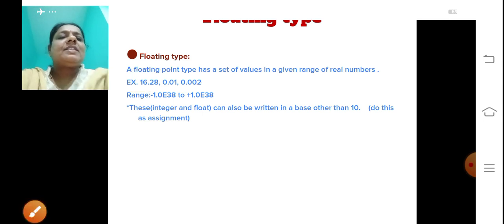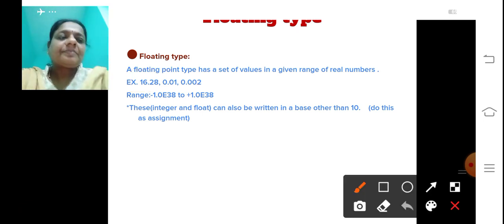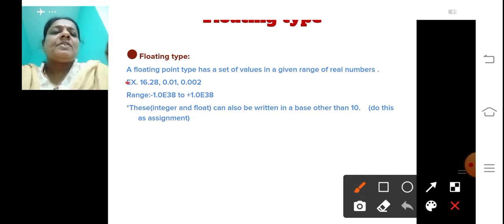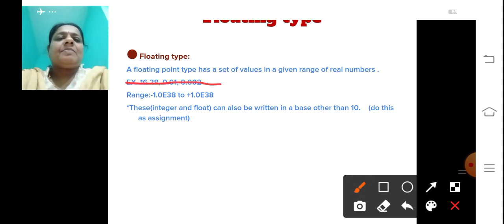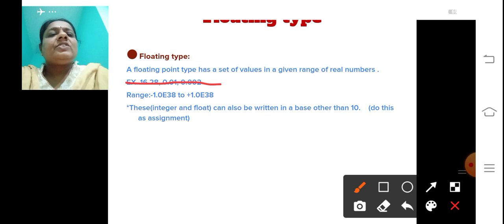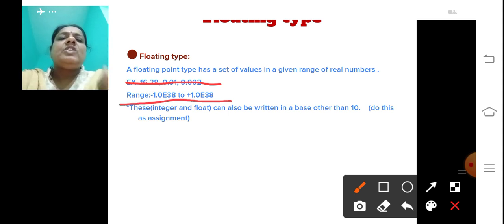These are some examples of floating point numbers. The range is also given here: 1.0 e to the power of minus 38 to plus 1.0 e to the power of 38.